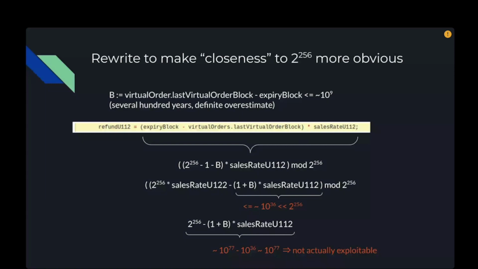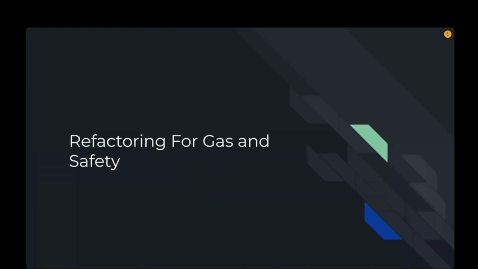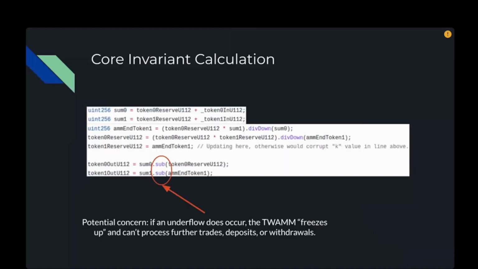And then the last thing I want to talk about is refactoring for gas and safety at the same time. Sometimes I want to show you how you can gas optimize and actually make the code safer. It is possible, believe it or not. So this came up in the core invariant calculation for the TWAMM, where you had these two checked subtractions.